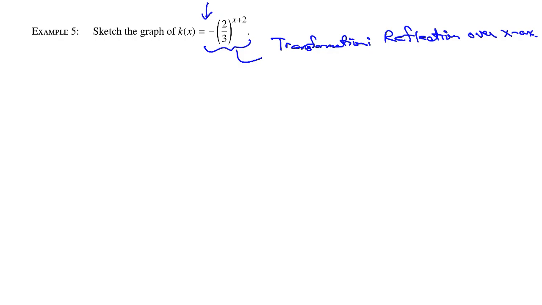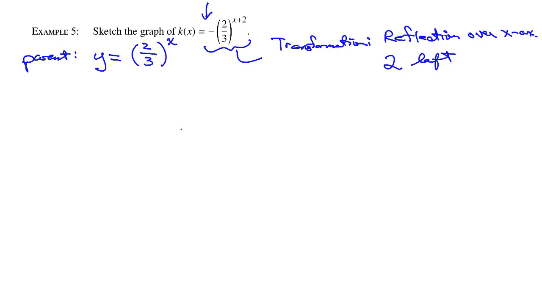And we have plus 2 in the exponent, so that's going to move it 2 to the left as a horizontal shift. The parent function is going to be y equals 2/3 to the x.